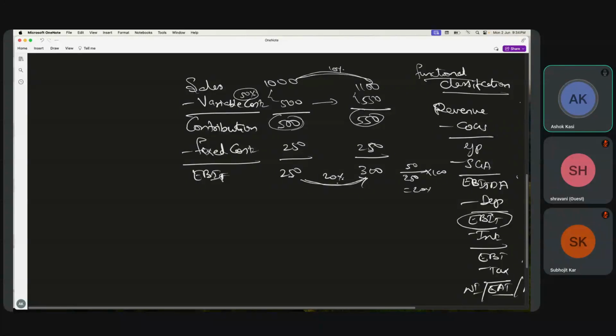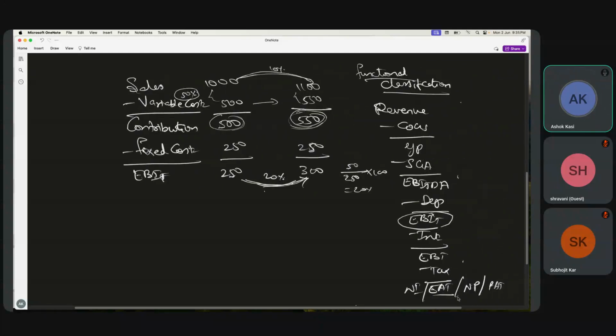But EBIT has gone up, because when the contribution has gone up, proportionately fixed cost is not going up. Because your operational fixed cost is constant, I am getting this leverage. So this is called the degree of operational leverage.